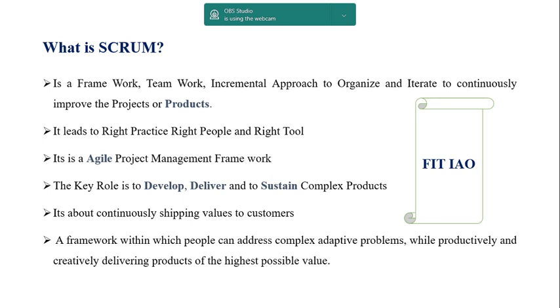The terms used for Scrum are framework, teamwork, incremental approach to organize and iterate continuously, which means addressing the limitations which we have been facing till today in the IT industry. We used to fix the requirements in the first phase and keep on working on particular things.